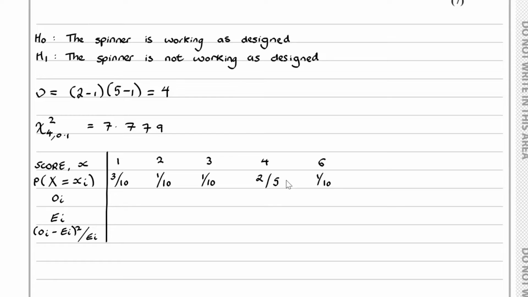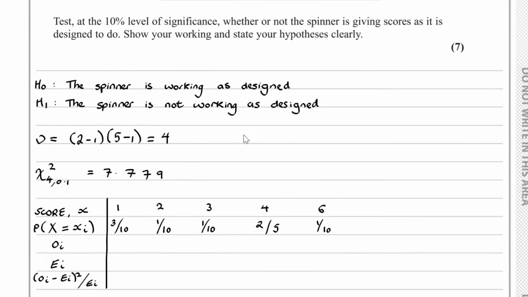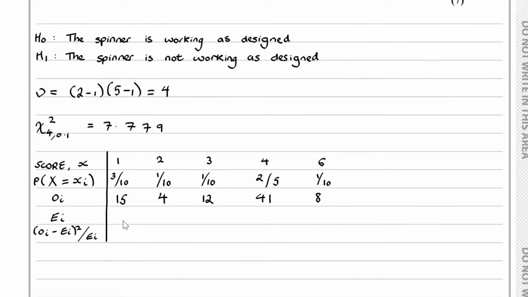Okay, and our observed values, we have 15, 4, 12, 41 and 8, and we can find out the expected values by multiplying these probabilities by 80. 3/10 times by 80, that would be 24. 1/10 times by 80, that would be 8. So we have 8 here, here and here. And 2/5 times by 80, that would be 32.